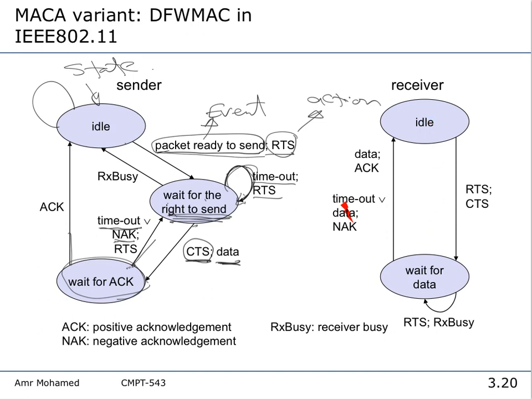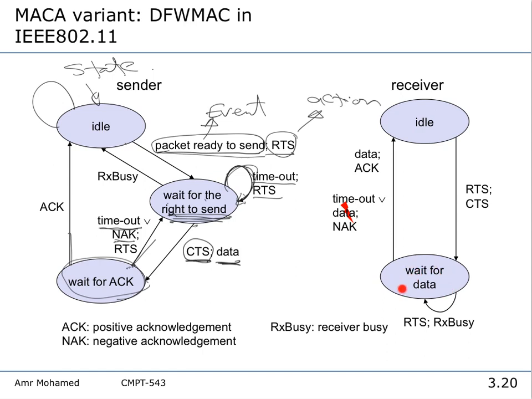For the receiver side, we have only two states. Either I'm idle, I'm not doing anything, and if I received an RTS event, then I send CTS. When I send CTS, I will wait for the data.